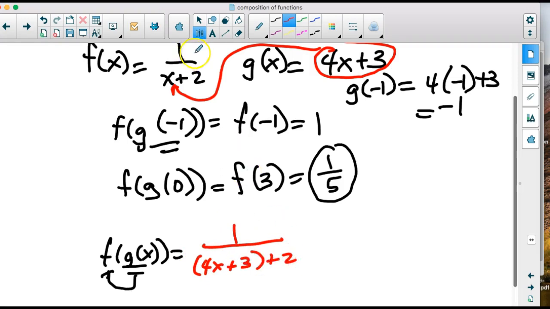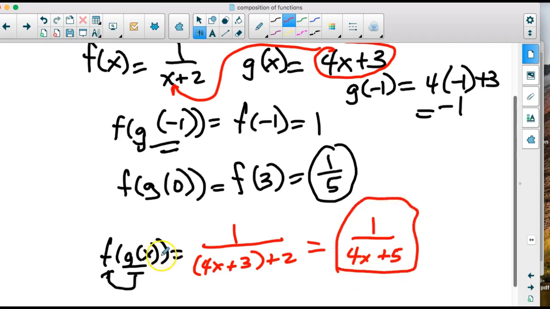So this x value here becomes the function g of x. So that's going to be 1 over 4x plus 5 would be the function. We wouldn't be able to find a value for this because this is not a value, it's an x value. So you should have a new rule for f of g of x. Okay.